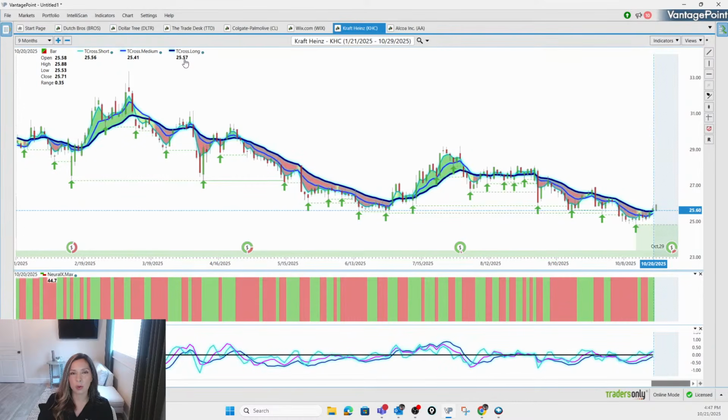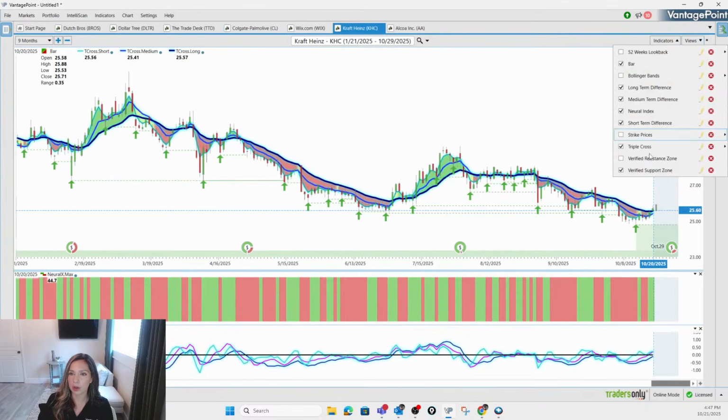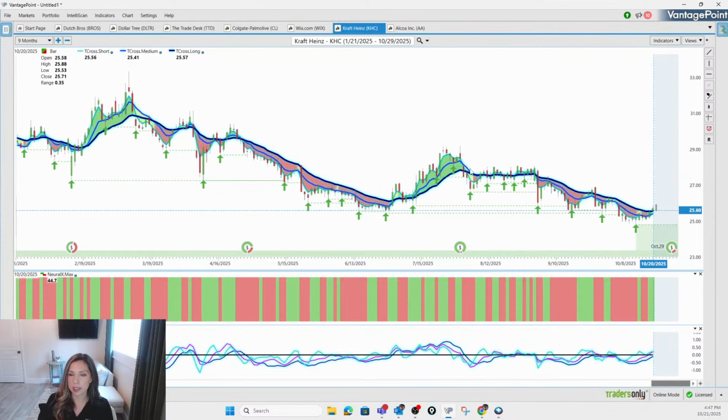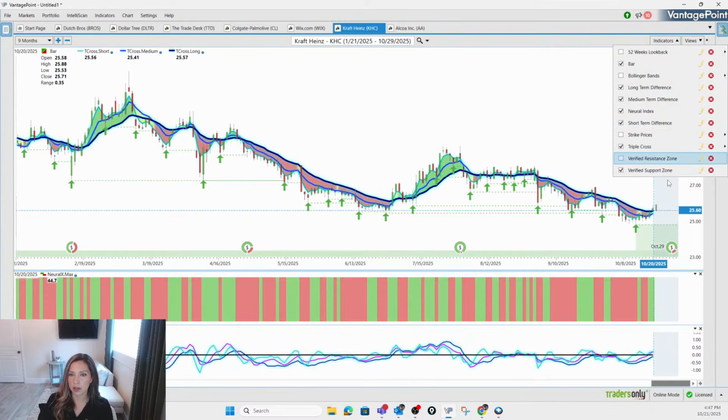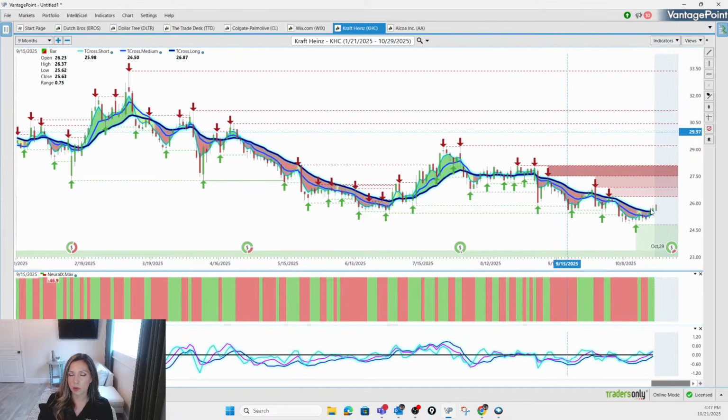So you can treat that almost as the preliminary resistance, if you will. And so if you put on your verified resistance, all right, we've got some room to run before you run into that resistance level. So current to resistance, let's just see what our percentage is. So you've got almost 3% in a couple of days.